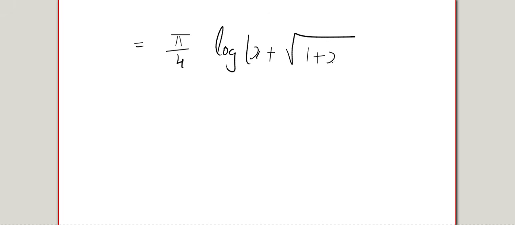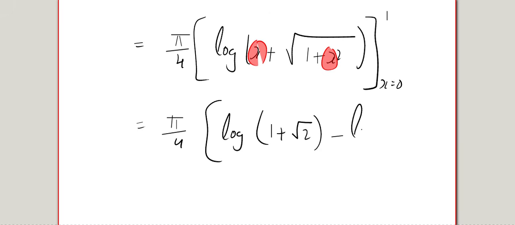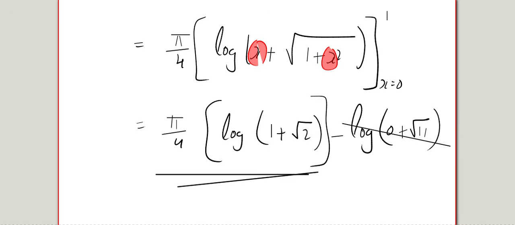So we get pi by 4 log of x plus root under 1 plus x square within the limits x equal to 0 to 1, and that gives me pi by 4 log of 1 plus you plug in 1, I didn't do our usual trick, you plug in x equal to 1 in the red color places, so you get 1 plus root 2 minus log of 0 plus root 1, log 1 we get log 1 is 0, that's gone, so this is the answer. So you erase this.